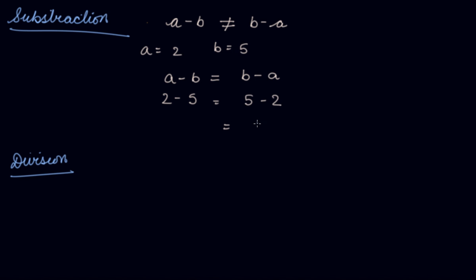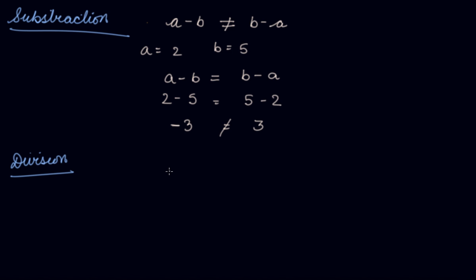We all know 5 minus 2 is 3. Whereas 2 minus 5, you subtract smaller from bigger number, you will get the answer as negative 3, which is minus 3. So minus 3 and 3 are not equal to each other. So the commutative property does not hold in subtraction.